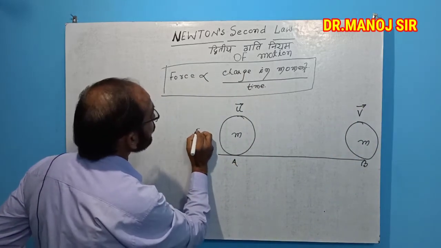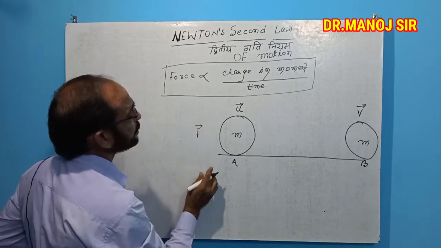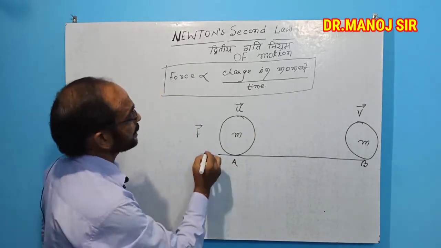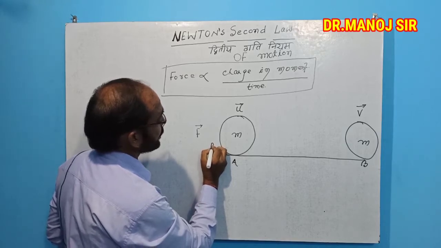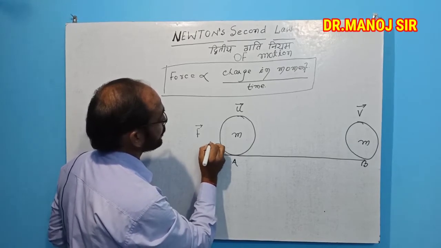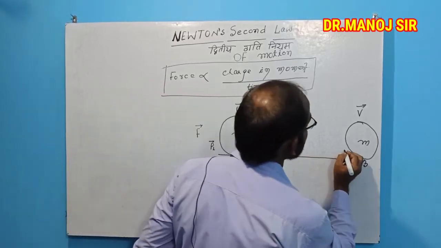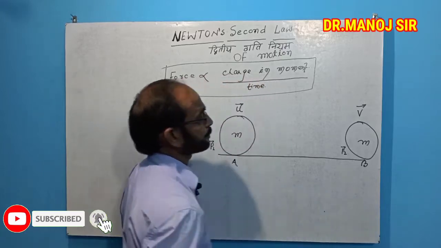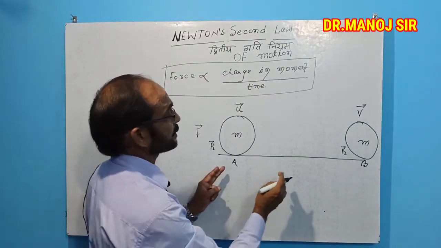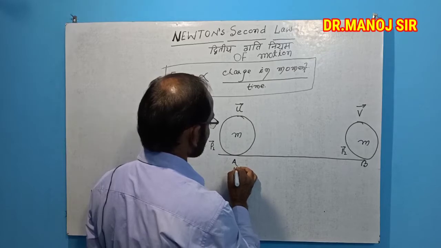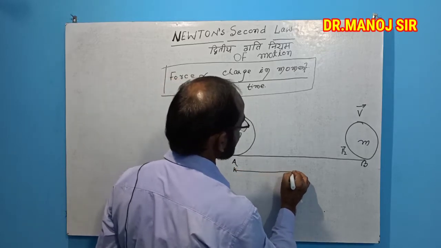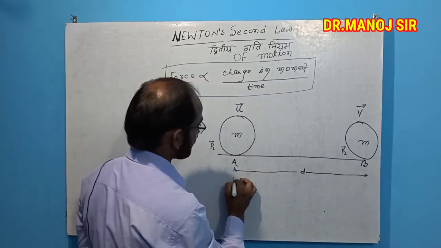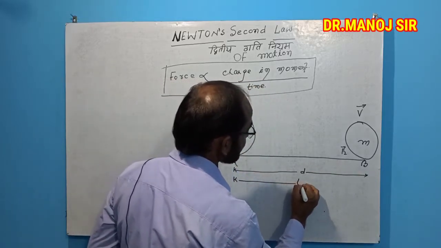If force F acts on the body at point A, its momentum is p1 and then its momentum becomes p2. Let the displacement or distance traveled by the object be d within the time period t seconds.